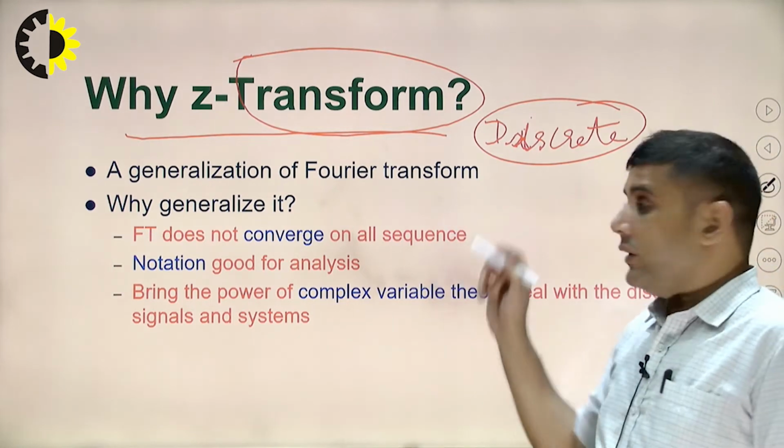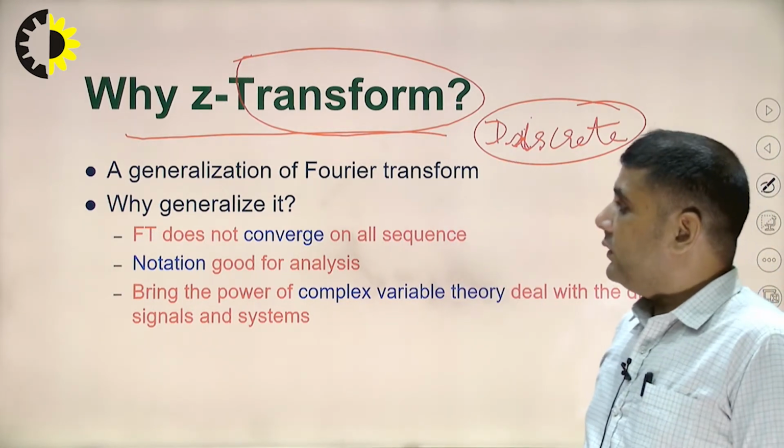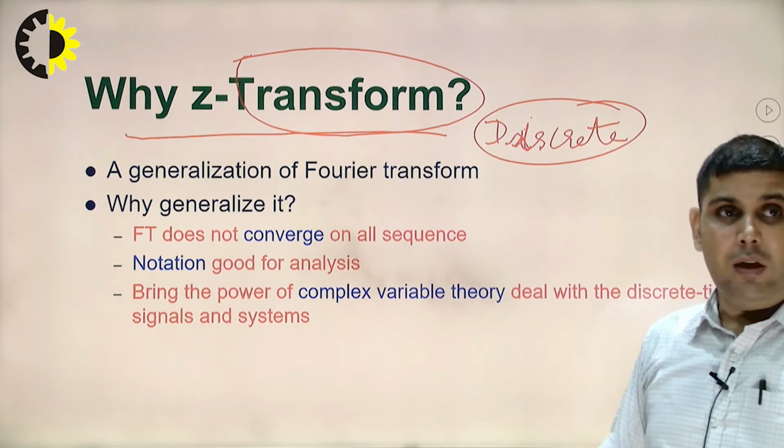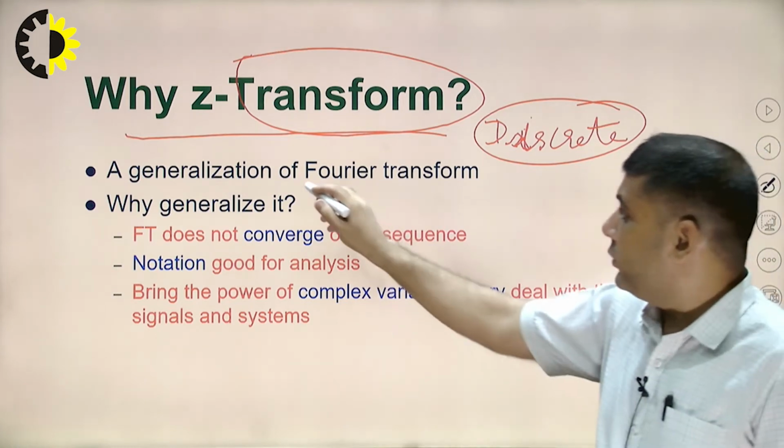So for discrete signals we will use the Z transform. This is basically the counterpart of the Fourier transform.